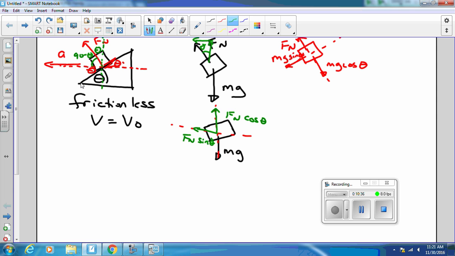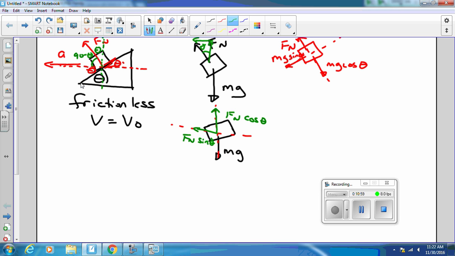The adjacent component is the cosine, the opposite component is the sine. I'm in this weird situation where I feel as if most of you probably couldn't do this on your own, but none of you are asking questions.